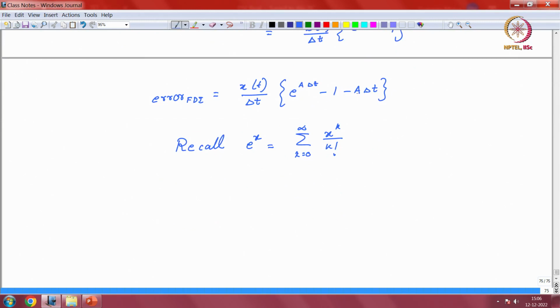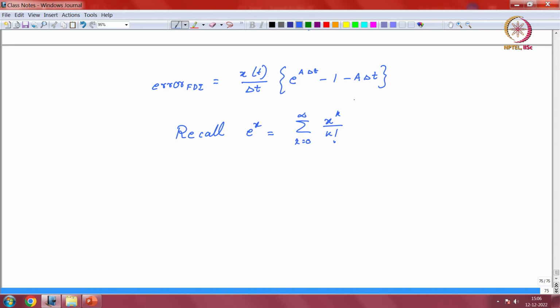So when you do this subtraction, the first two terms disappear, leaving you with the terms starting with a delta t square. In this particular case you will have half a delta t square plus all the other terms going up, right? The next term will be 1 by 6 a delta t cube and so on.